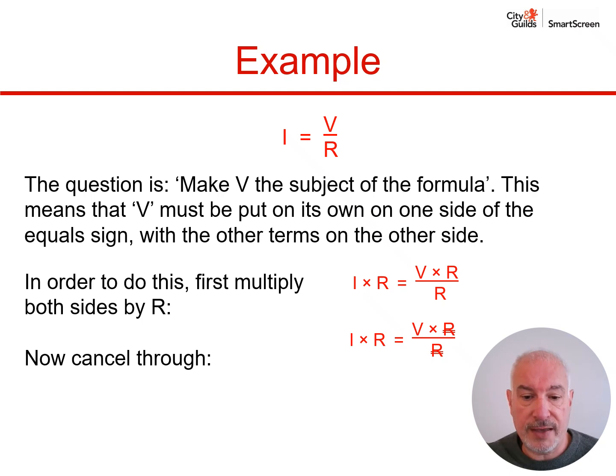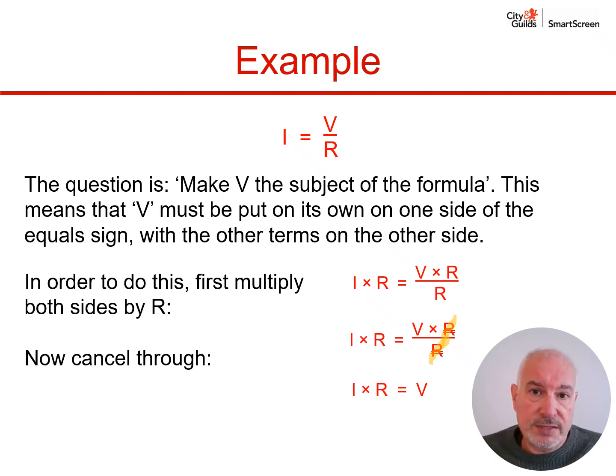I'll just highlight that, make it more obvious. We're going to cancel out that R, we're going to cancel out that R, and it's just going to leave V on that side. So then we can rewrite the formula on the next line, and it is I times R equals V. And we've solved the formula, we've found V, we've made V the subject of the formula.